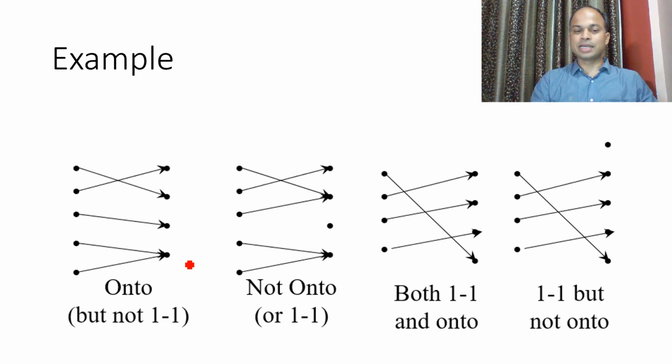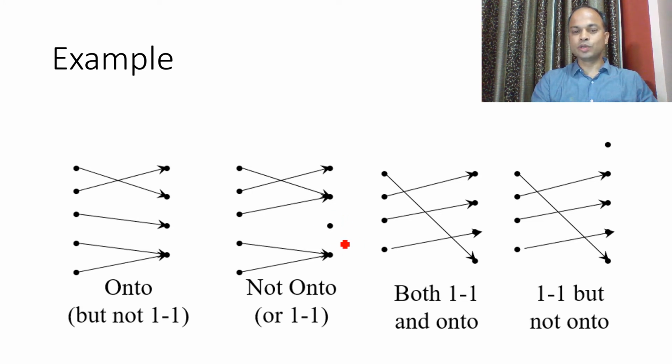If we talk about an example, say this is our set A and this is our set B. Then here if we observe, all four elements are used for the mapping purpose, no element is left. Therefore, this mapping is onto. If we talk about this particular example, then this element is left.